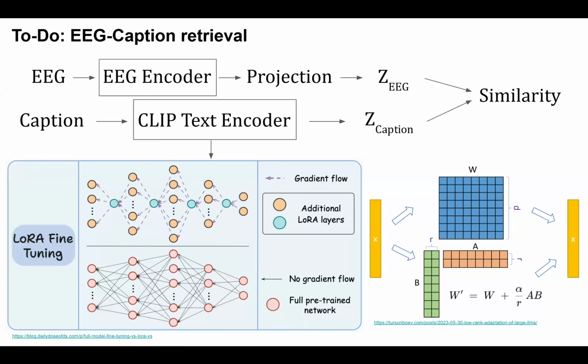So the original weight matrix will stay the same, but the adjusted weight matrix will be the original matrix plus the multiplication of A and B after you train them. Of course, multiplied by a scaling factor alpha over R, where R is the rank, the number of columns. This is the bottleneck that you can see here. It can be 2, 4, 8, 16, any number.